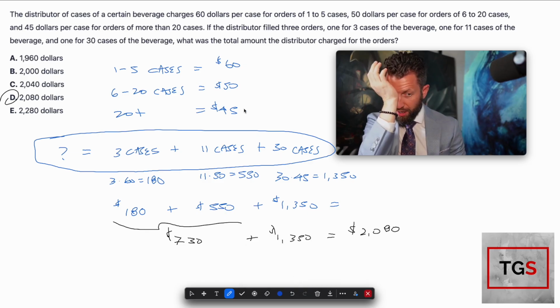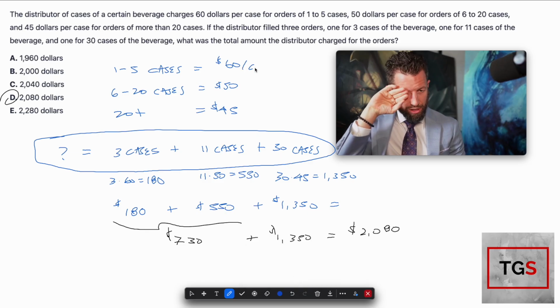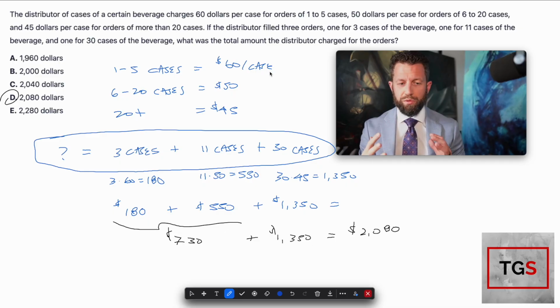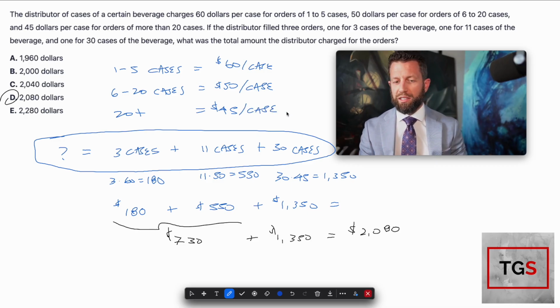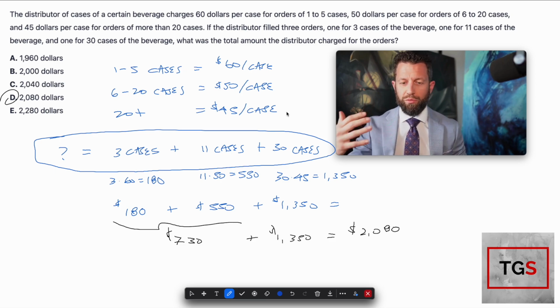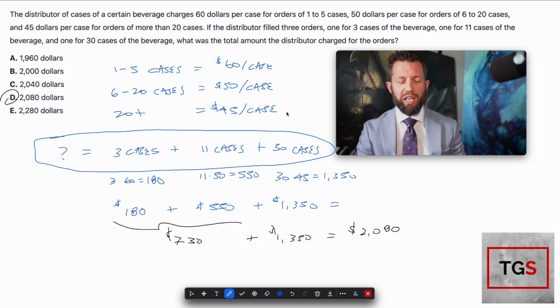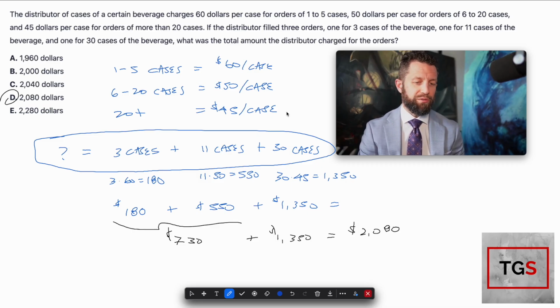And instead of thinking of the pricing structure as siloed the way that we did, it appears a lot of us think of it as a tiered system, meaning for the first 5 cases you order, it's $60 each, and then after that you pay less for the additional items in the order. So for example, if I ordered 20 cases, it wouldn't just be 20 times $50 in that tiered system. It would be $60 for the first 5 cases and then $50 for the next 15 cases.